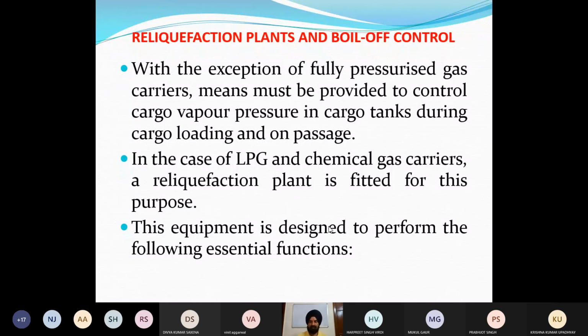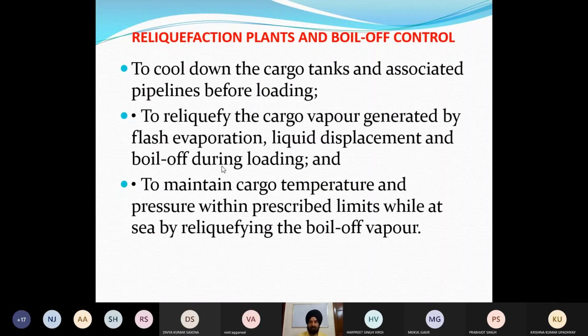Basically to cool down the cargo tanks and associated pipeline before loading. So this plant is used for two purposes. One, initially for cooling down also. Normal tanks, just imagine, you can visualize that you have the tanks at normal temperature. When you put this cargo, liquefied gas, in a tank at normal temperature, it will immediately vaporize, isn't it?